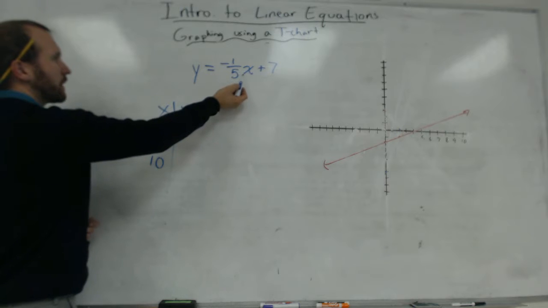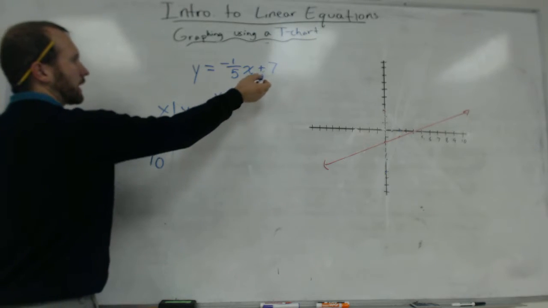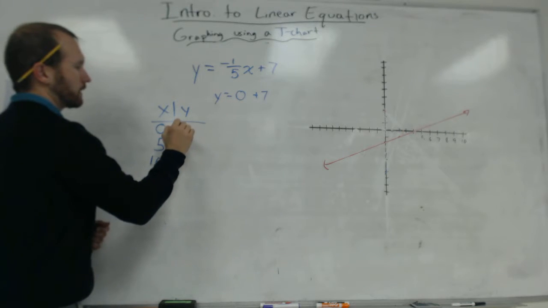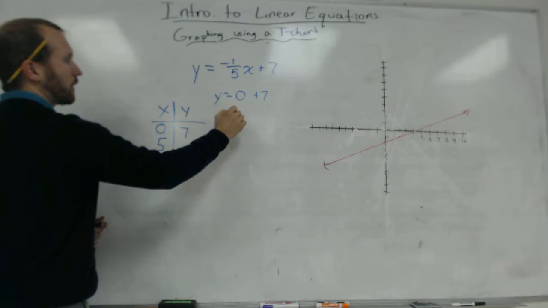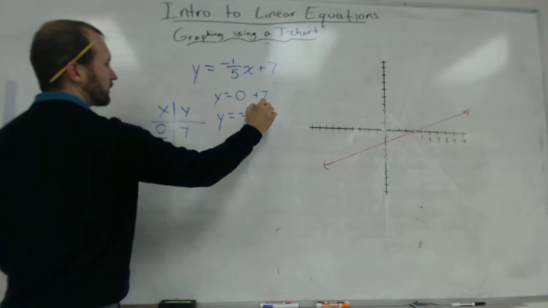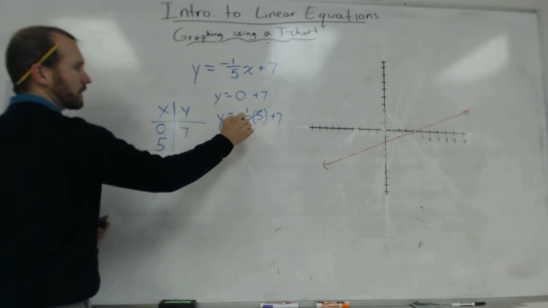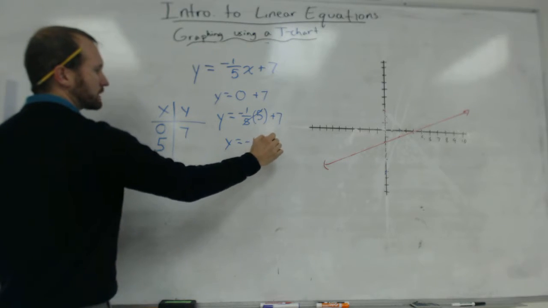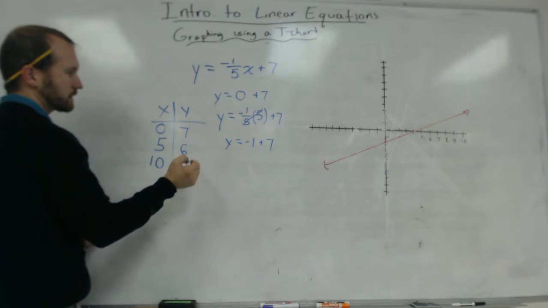When x is 0, y would be 7. That just gets rid of that, so 0 plus 7. When x is 5, y would be -1/5 times 5 plus 7. The 5 and the 5 down there cancel, so I've got -1 plus 7, which is 6.